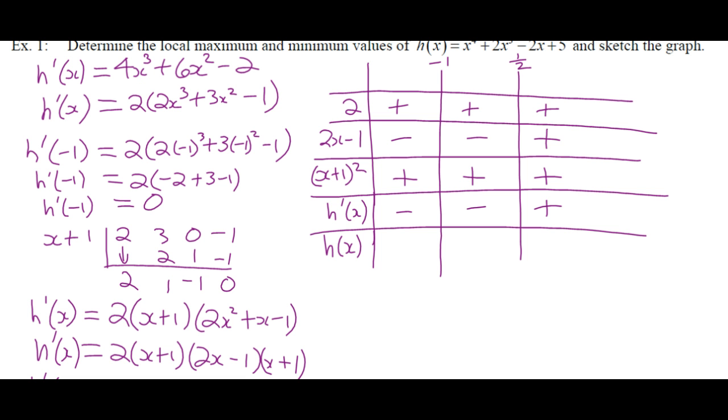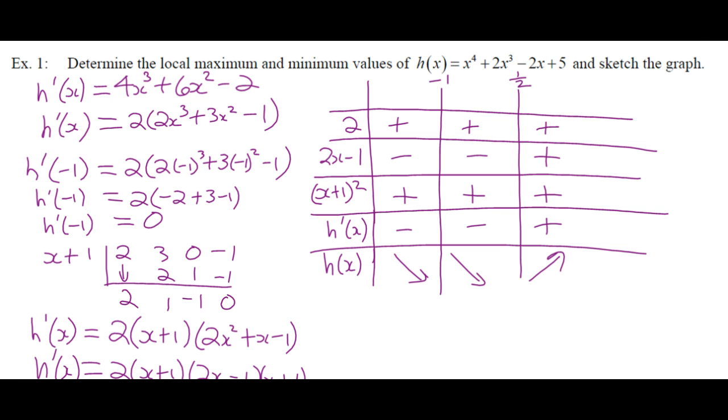On the first derivative test, which we hadn't formalized till now, but we've just been sort of doing, h of x then has negative, and then negative, and then positive. So what's happening at negative 1? We got a point of inflection there, right? Now, it's not 0 of the original function. So now we need to find h of x at negative 1 and at 1/2, and then see what's going on.